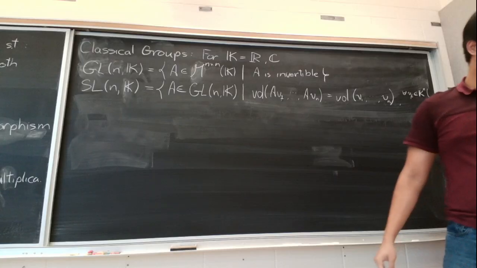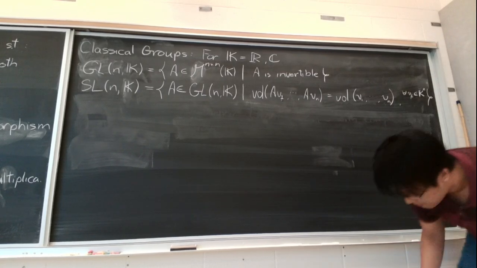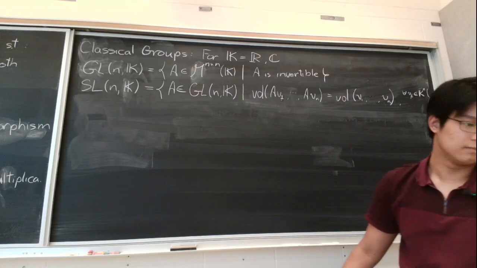People remember, hopefully from Math 240, what the volume was. If I have an n-dimensional vector space, the volume takes in n vectors and outputs a number. It has an alternating property: if I swap two inputs, I get a minus sign. It is also linear in each entry, so it's an alternating multilinear tensor.